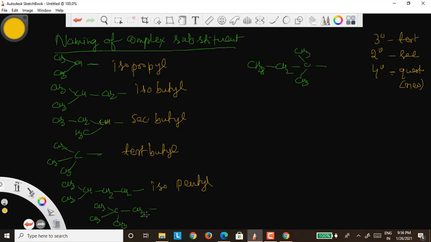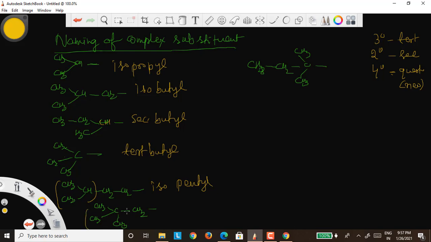So here, this is isopropyl group. This is isopentyl.